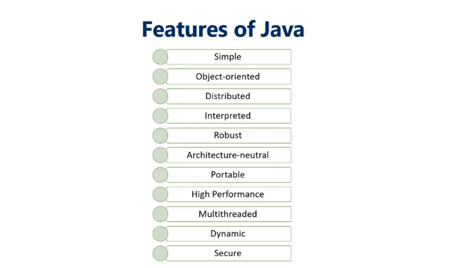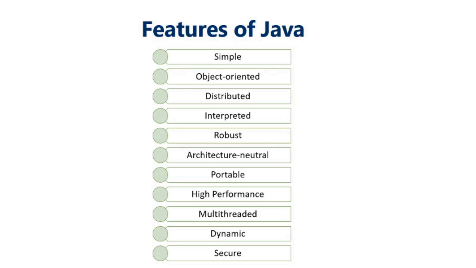Hence, it is object-oriented. Distributed means what? Whenever you develop any application which is accessible over the network, that application must support the protocols of the network like TCP/IP, UDP. Java supports these protocols. Hence, development of applications which are distributed over the network is easy in Java.